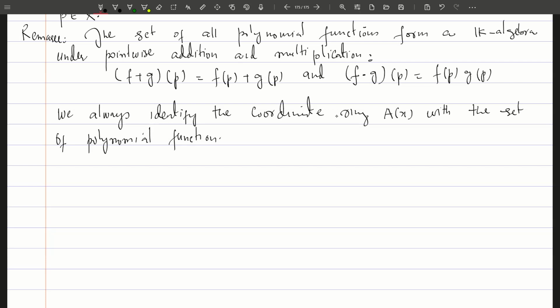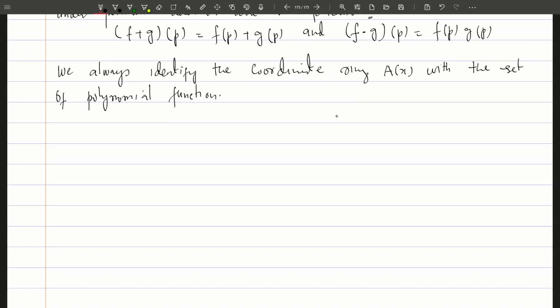Actually this follows from the fact. Before saying this, we have a result here in a proposition. The proposition says that there is a K-algebra isomorphism between the coordinate ring A(X) and the set of all polynomial functions.